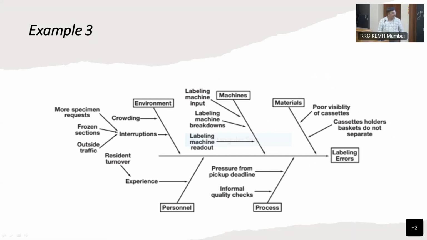So you have to brainstorm this. Here also brainstorming is required. So you can check: poor visibility of the cassette holder, baskets do not separate, labeling machine in fault, labeling machine breakdown, crowding is there, interruption is there, outside traffic is there, so much noise, distraction, so many specimens are bombarded to that technician.